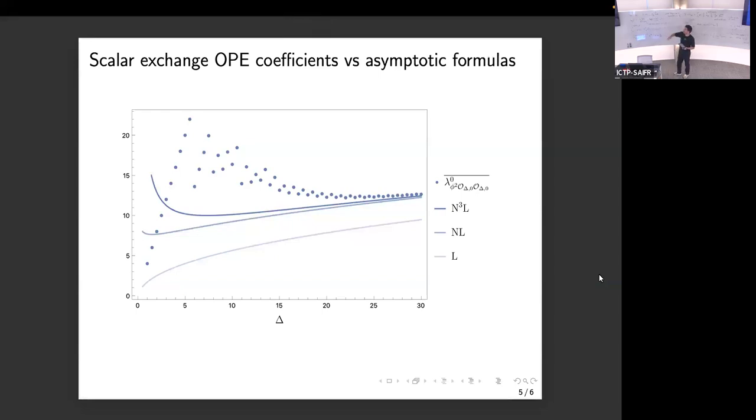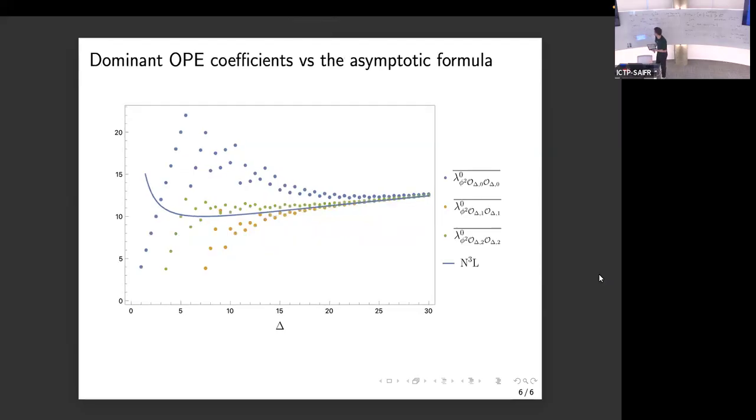If you just put the leading term, this is quite off from the data. But if you also add corrections, this improves much more, and it's on top of the data. This is for spin 0, but you also see the same for the spinning operators. Since for the A=0 case they're not spin dependent, you're going to see different OPE coefficients, different spins, and they're more or less all on top of the data.